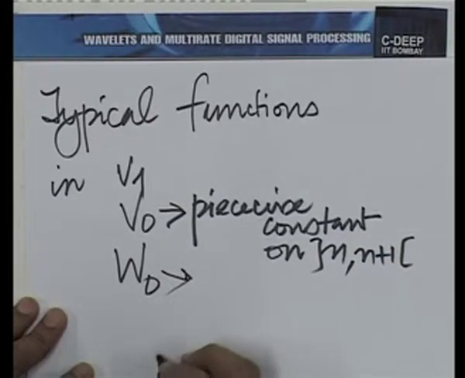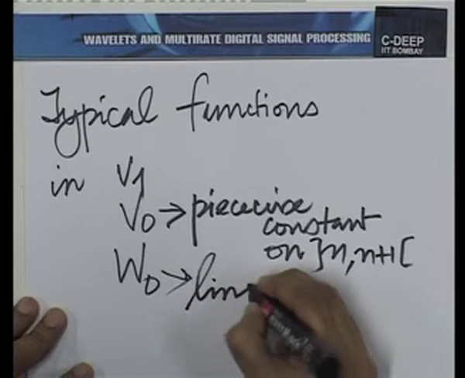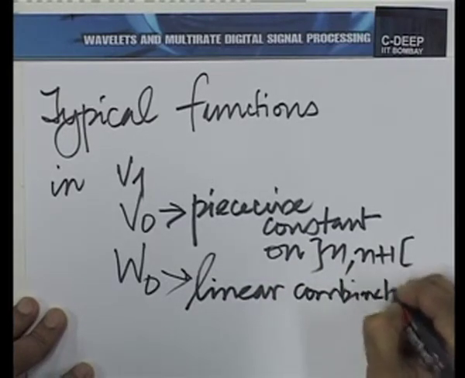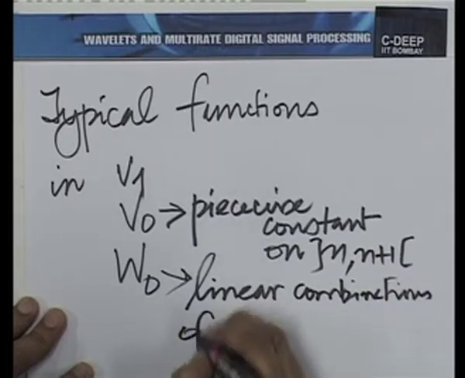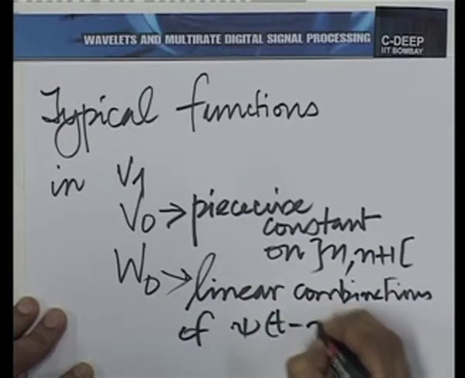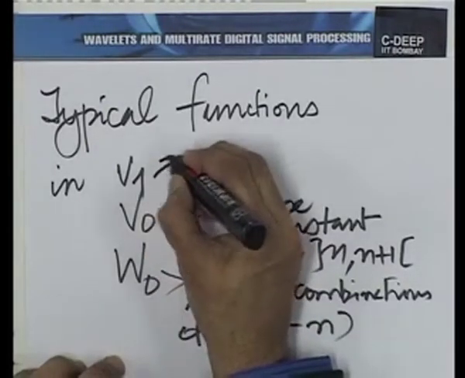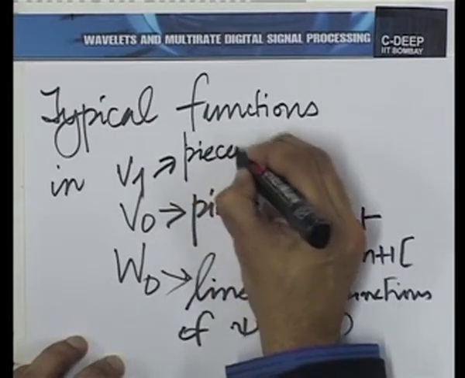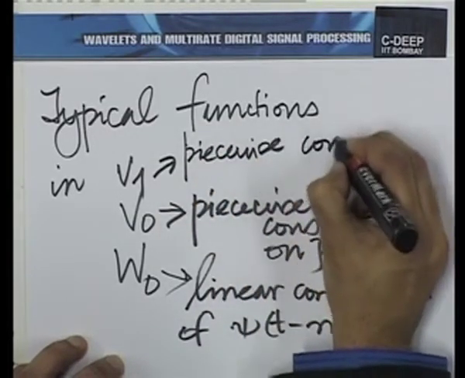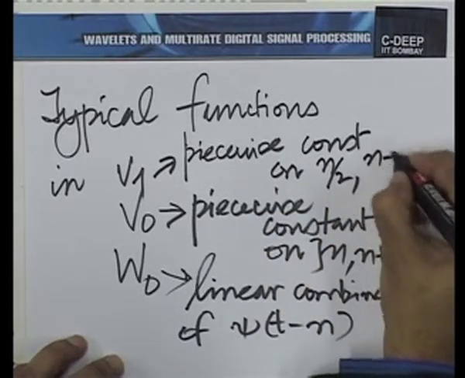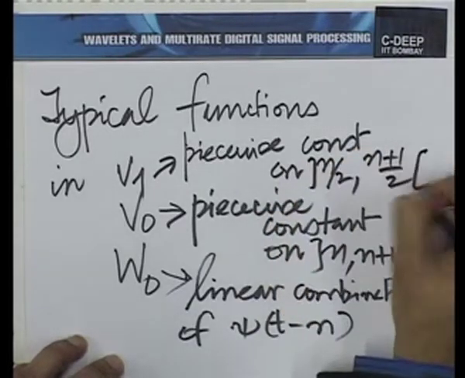These are linear combinations of psi t minus n for integer n, and these are piecewise constant on n by 2, n plus 1 by 2 for integer n.